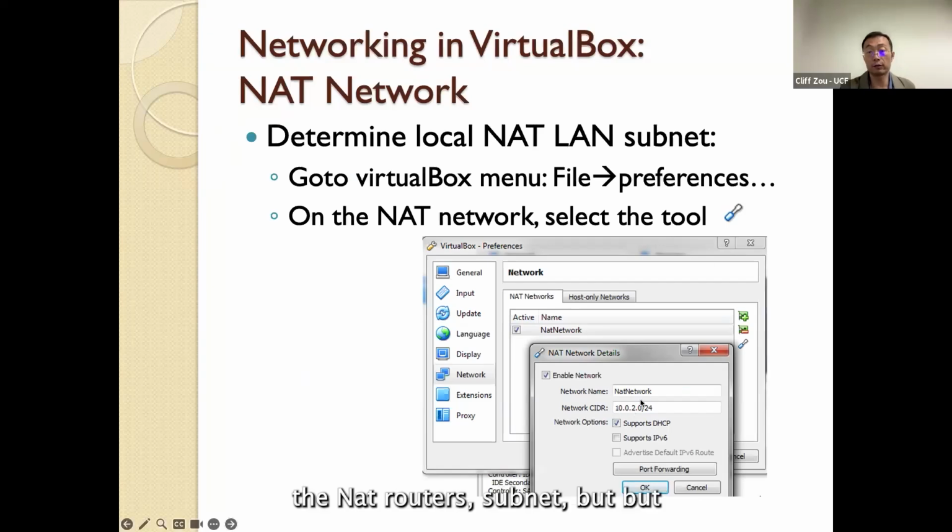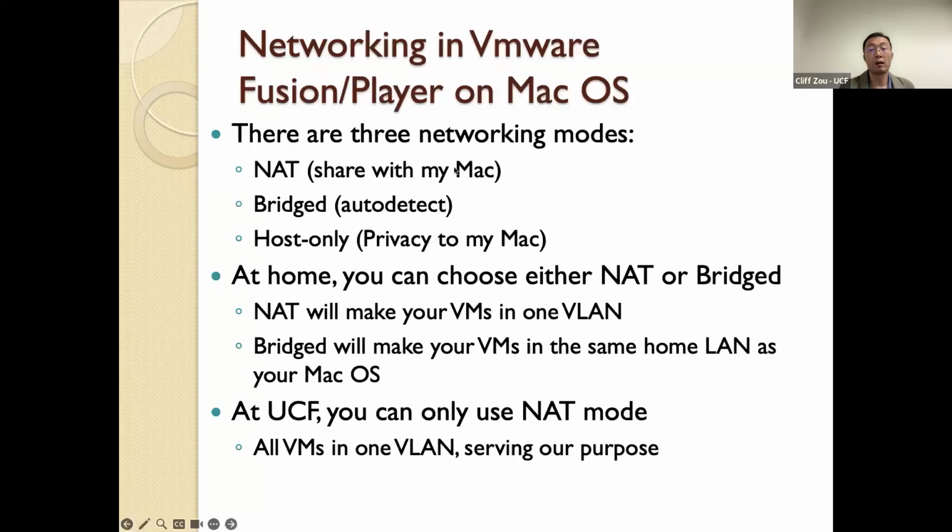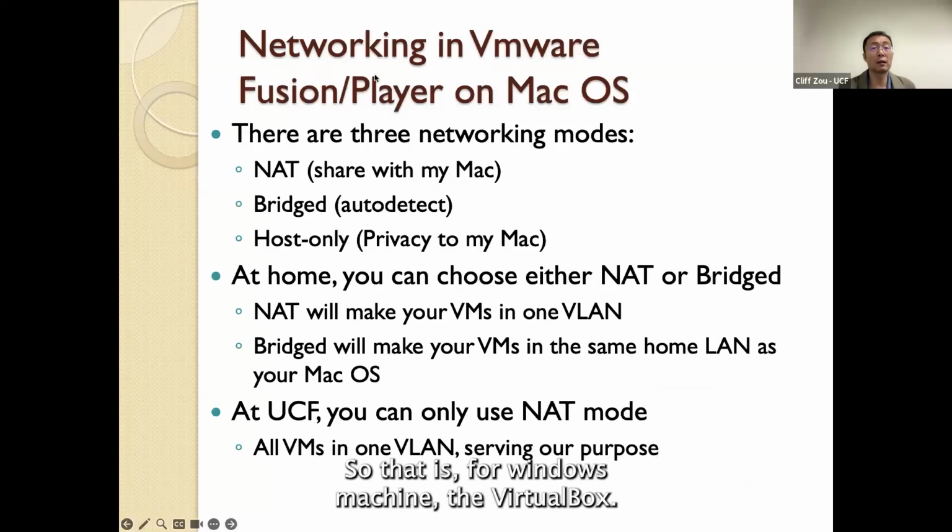You can change the NAT router's subnet, but you actually don't need to. You can just use the default subnet. Okay, so that is for VirtualBox on a Windows machine.